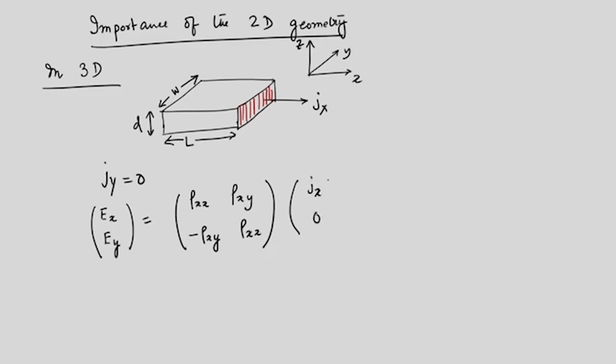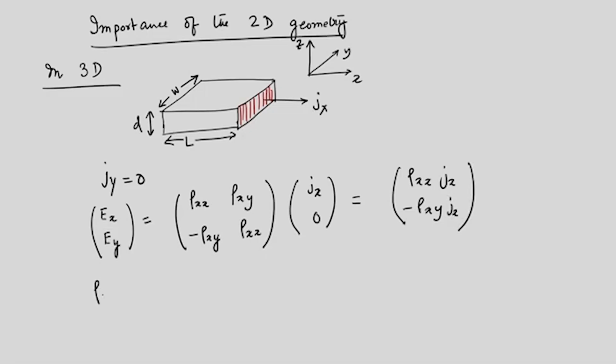So, this is Jx and this is equal to 0. So, that tells you that this is equal to rho xx Jx and rho xy with a minus sign and Jx again. Okay. So, this is the Ohm's law.